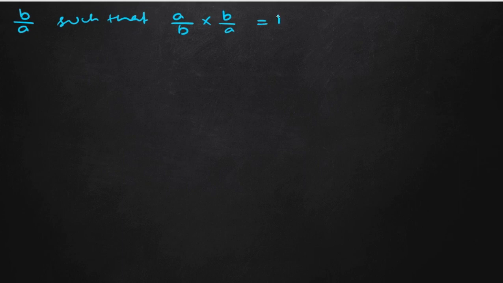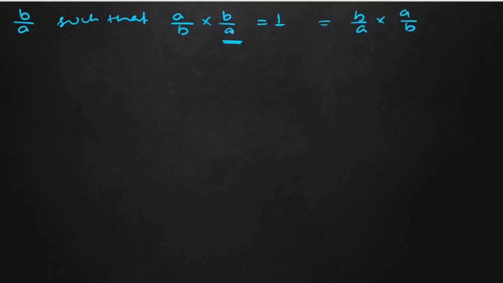So if we multiply a rational number with another rational number and find the result to be 1, then that rational number is said to be the multiplicative inverse of the given rational number, not the multiplicative identity. We may have this condition also: if we pre-multiply b by a with a by b, the result must be 1 only.